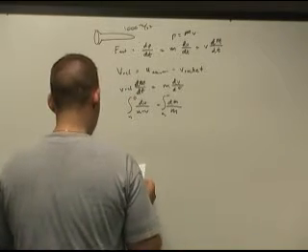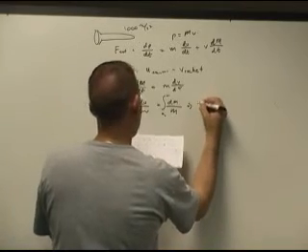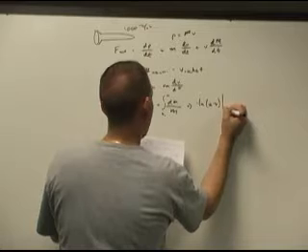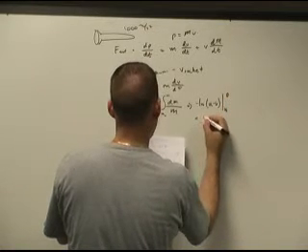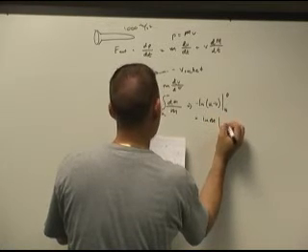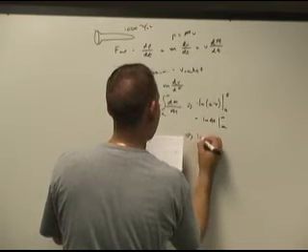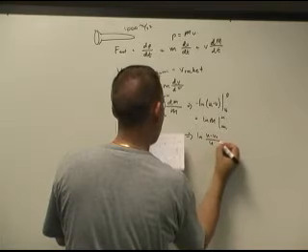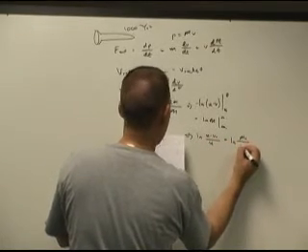And so here this is going to be negative ln of (u minus v) from v0 to 0, and that's equal to ln of m from m0 to m. That will basically be ln of (u minus v0) over u, if you plug in, is equal to ln of m0 over m.